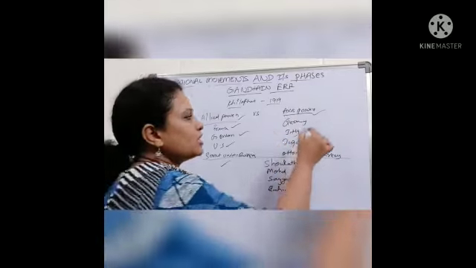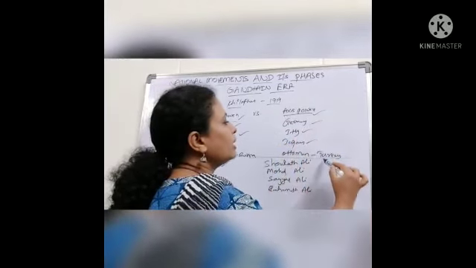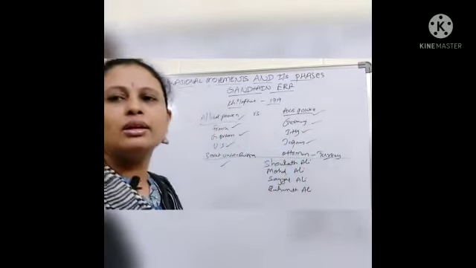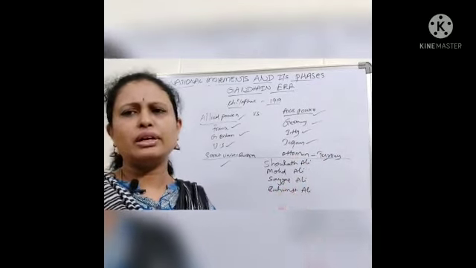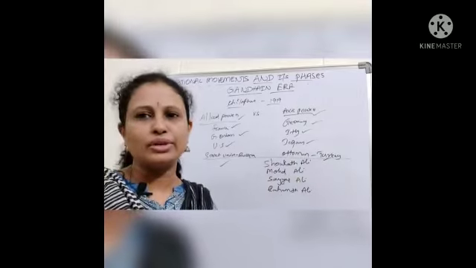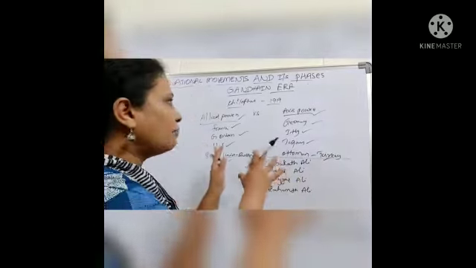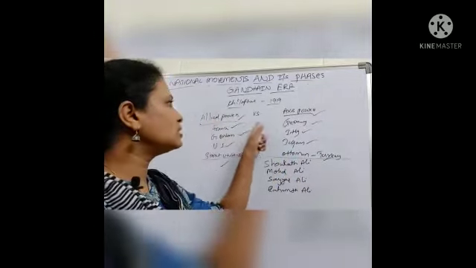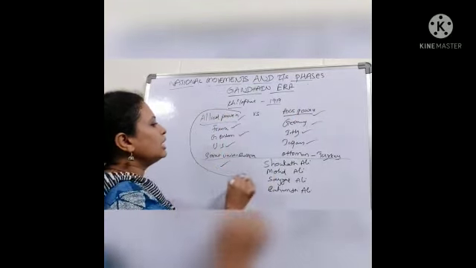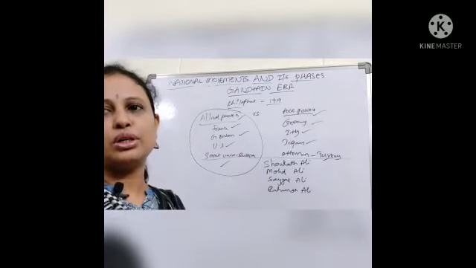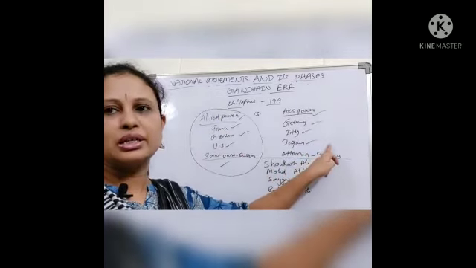And the Axis powers are Germany, Italy, Japan and Ottoman, and there were some other empires also involved at that time; Ottoman was an empire. So basically it happened between two powers, Allied powers versus Axis powers. Finally the Allied powers won the First World War, and the others had to taste defeat.